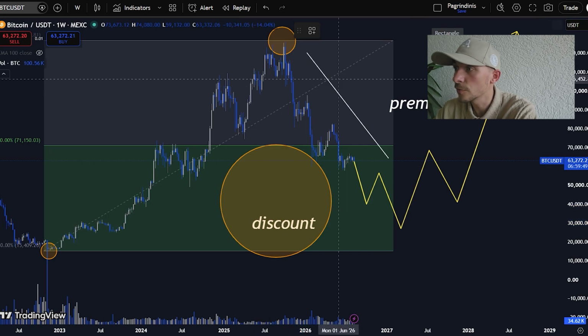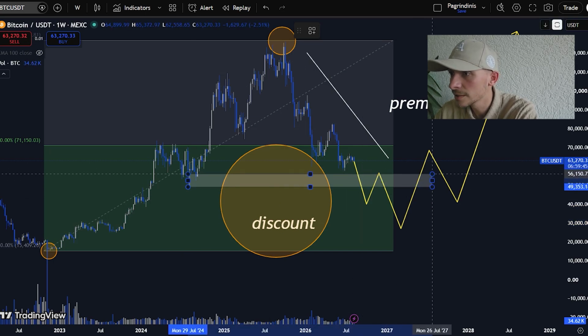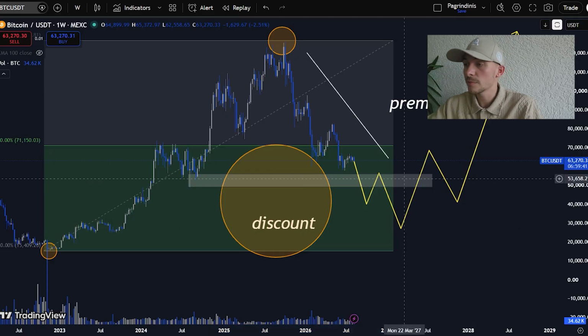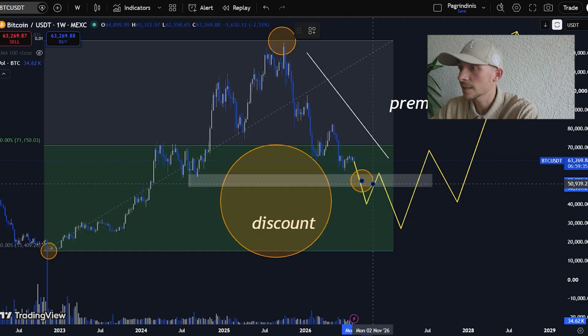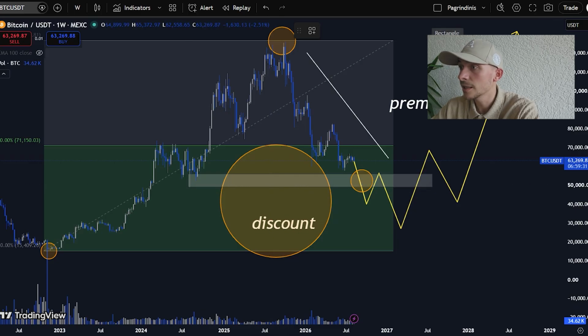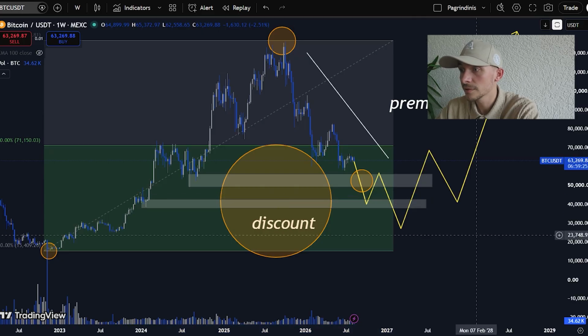We can look for more examples, for example this demand zone. It's possible that the market is gonna go down to this demand zone, bounce here several times, and then start climbing up. It's also possible to take out the liquidity. Another demand zone is here, the lowest point, and of course it's also possible.